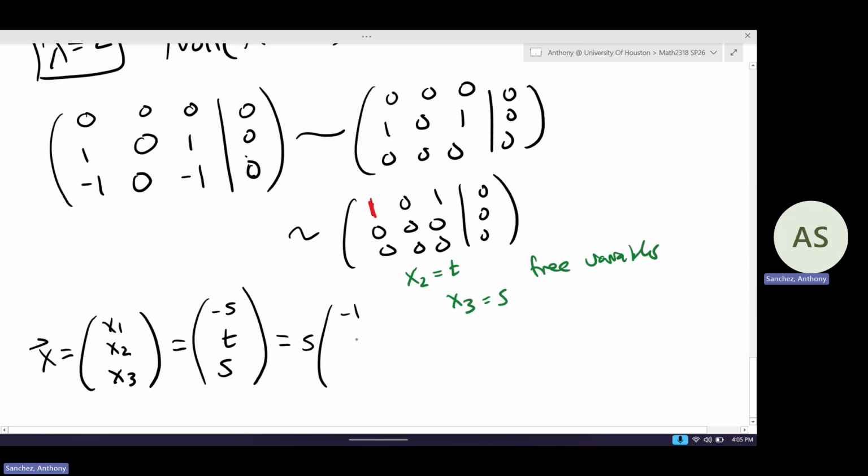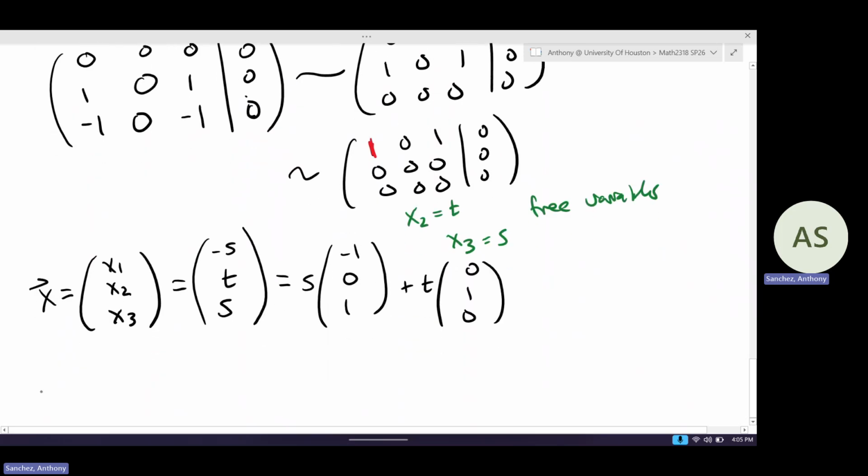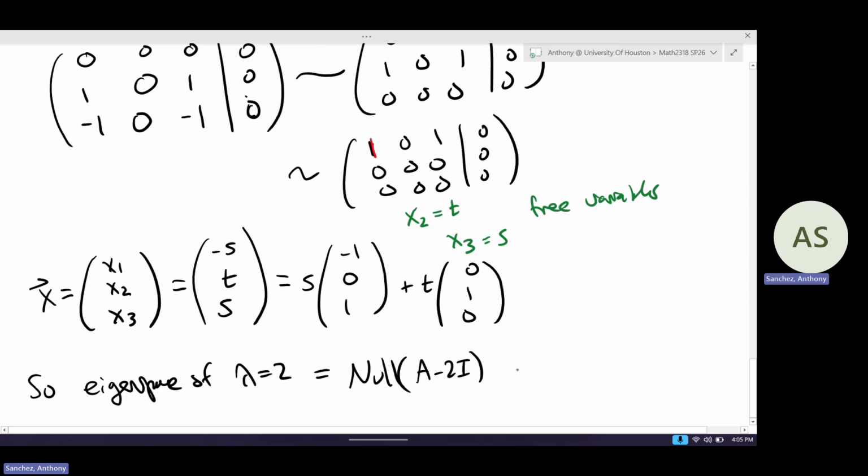I have negative 1, 0, 1. How many t parts do I have? I have apparently 0, 1, 0. So now I want to notice something. The eigenspace of lambda equal to 2, which is given by the null space of A minus 2I, is two-dimensional.